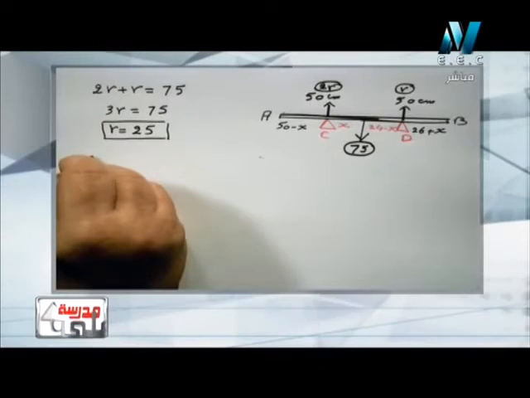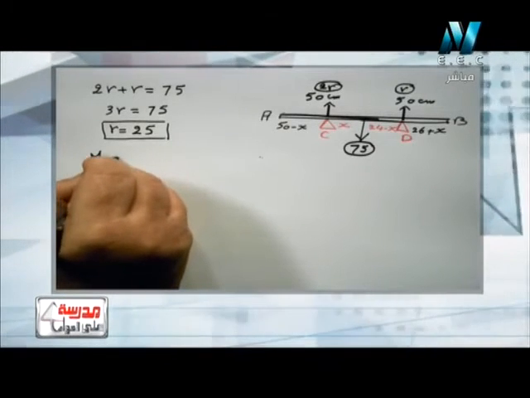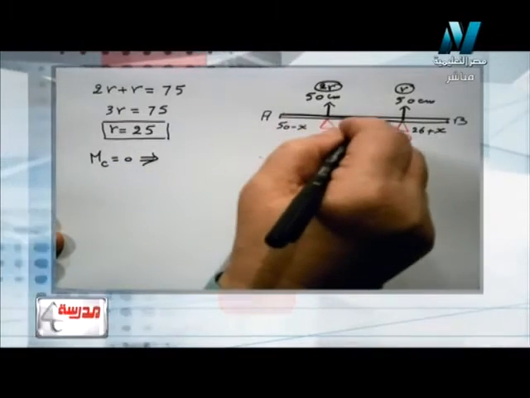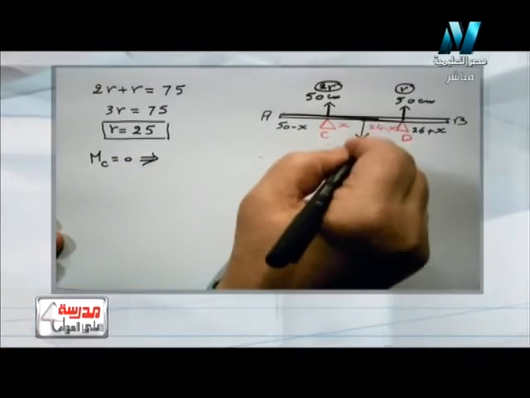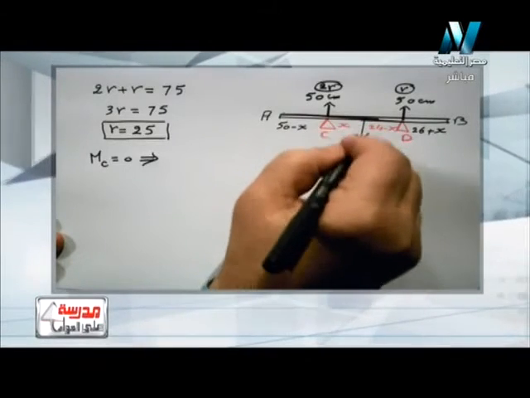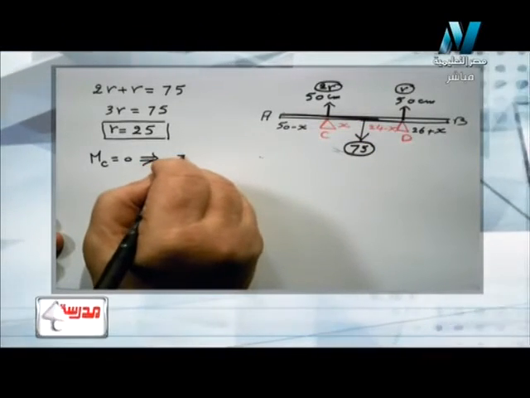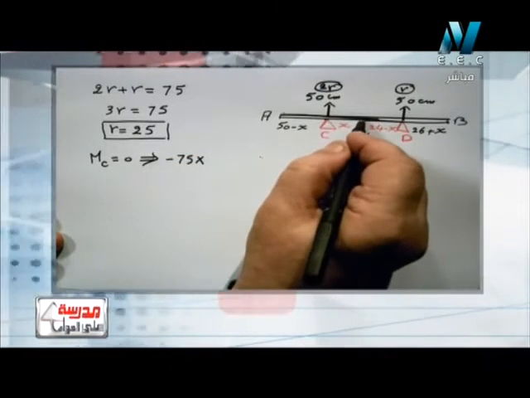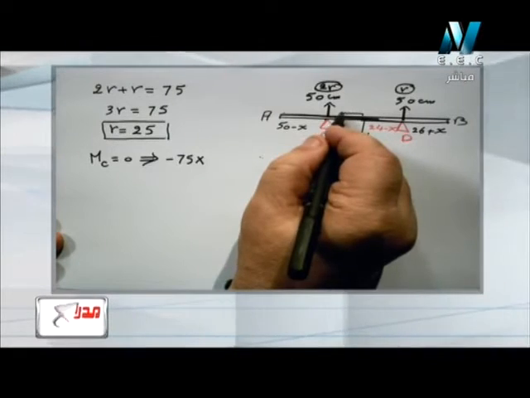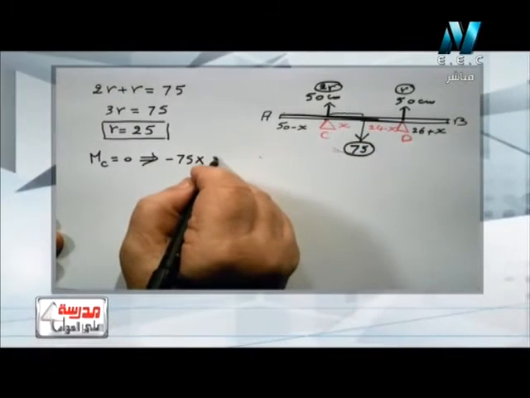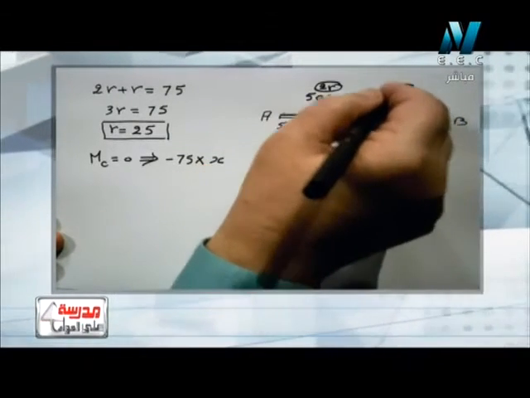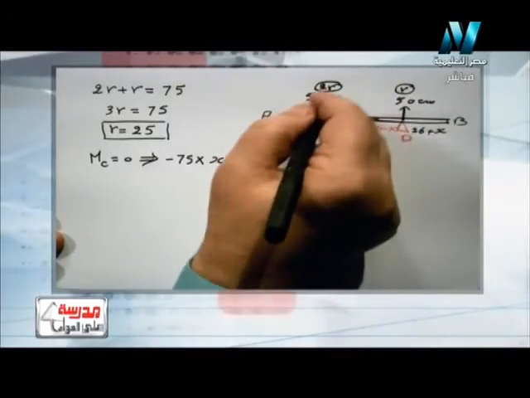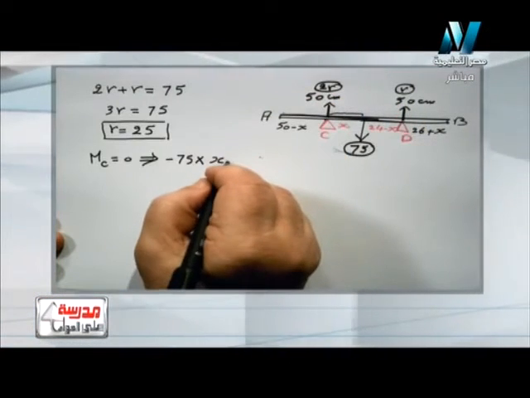فهنقول moment at C equal 0. 75 its rotation is clockwise, it is negative, 75 by distance from C to the weight, the perpendicular distance which is X. R in the other direction, anti-clockwise, its moment positive.